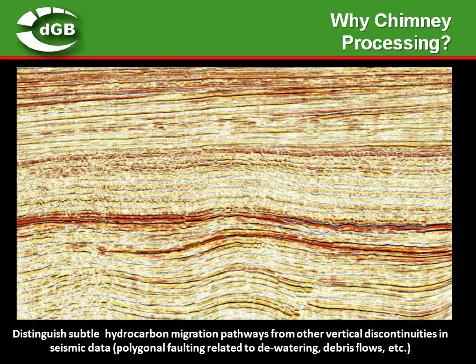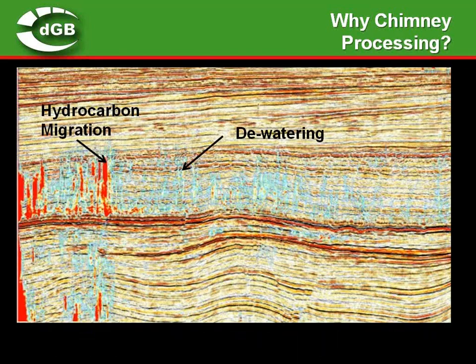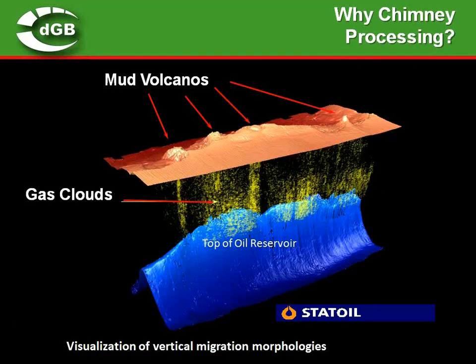Again, a lot of times in seismic data, these are not able very simply to distinguish in the data. And through gas chimney processing, we can detect these often deep thermogenic hydrocarbon migration pathways and distinguish them from other aspects in the seismic data which may be not related to hydrocarbon migration.